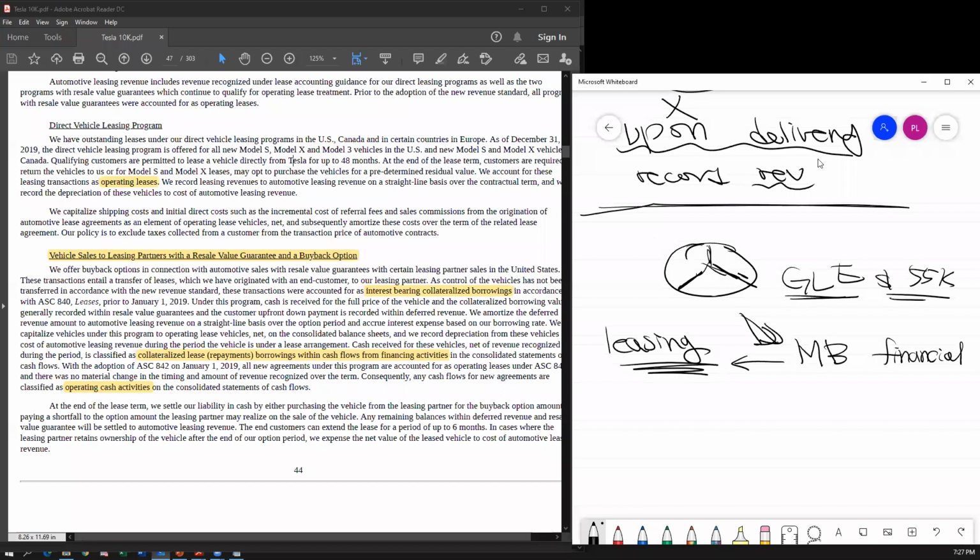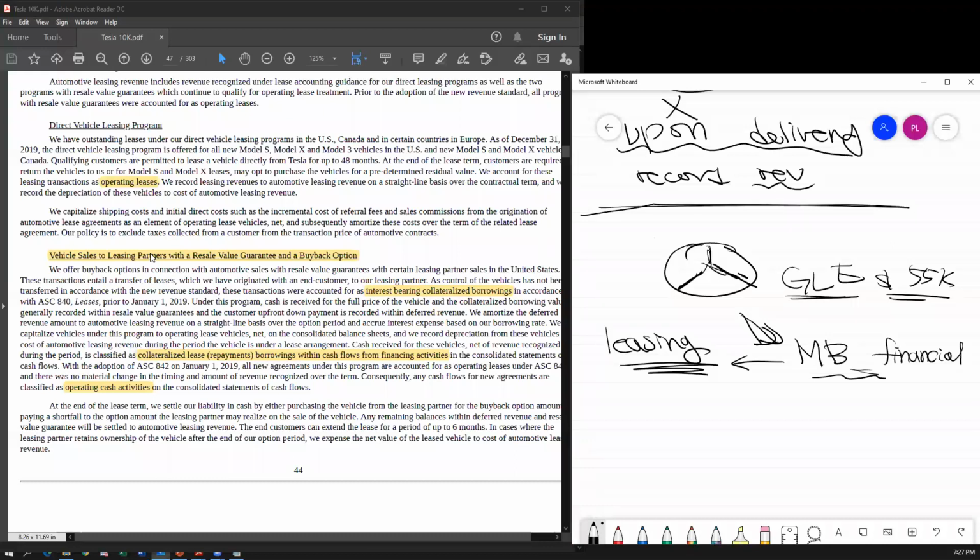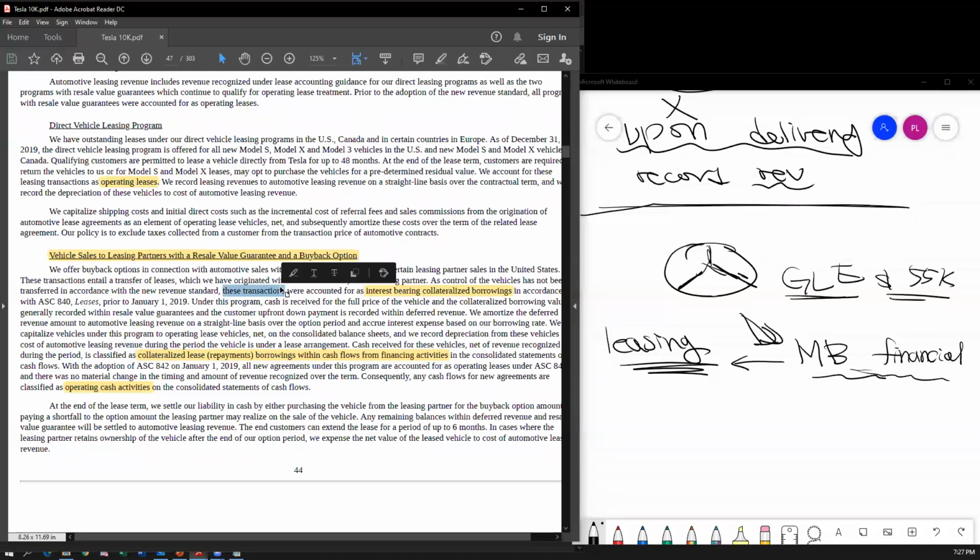Now, in this case, vehicle sales to leasing partners. According to Tesla, when Tesla sells a car to a leasing partner, for example, Mercedes-Benz Financial, for this transaction, the company is reporting an interest-bearing collateralized borrowing.